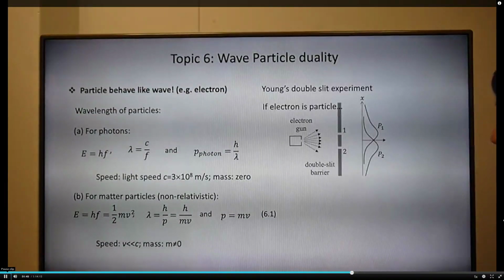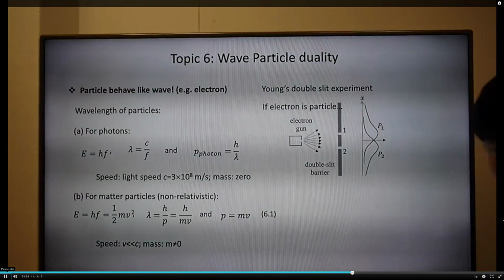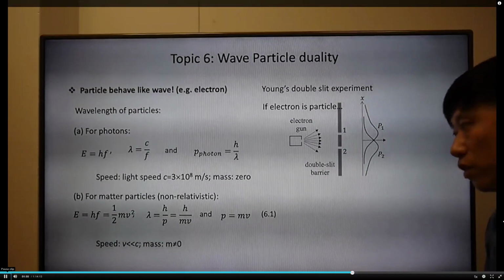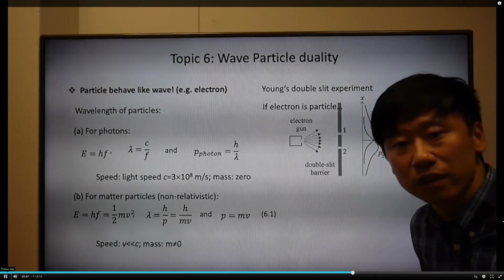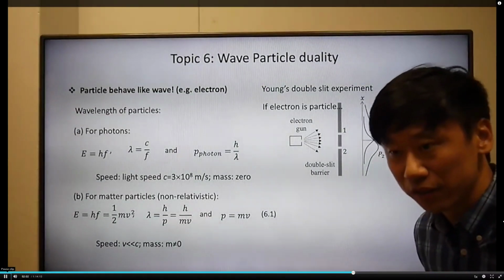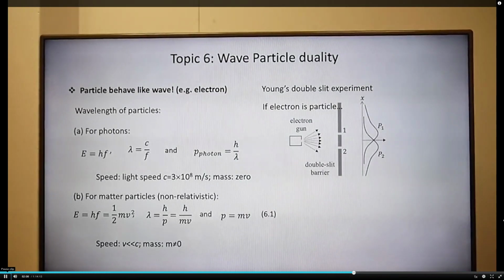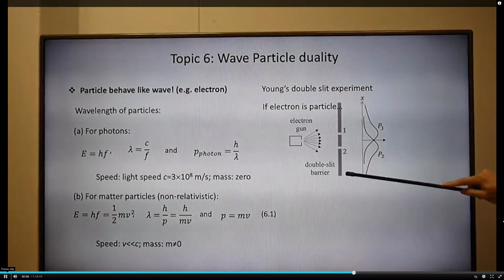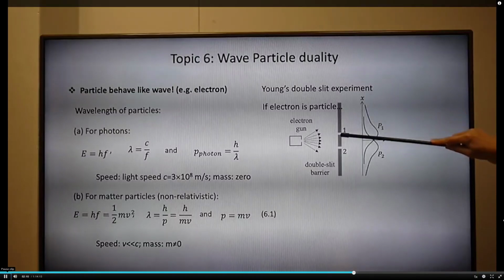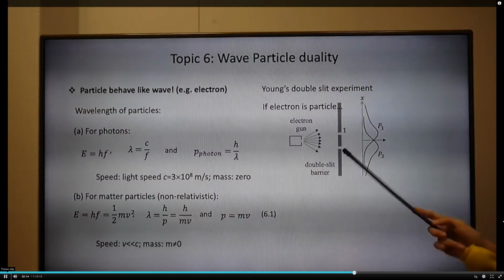Then Young's double slit experiment actually proved that a particle behaves like a wave, especially the electron. So he did the experiment, as you can see here. He made a double slit, there are two slits right here. Then he shot the electron.